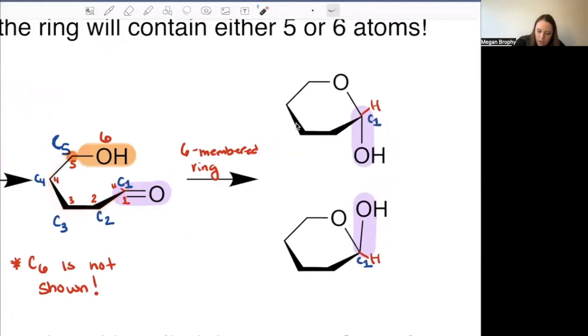So you have C1, C2, C3, C4. There we have a C5. And then we have the oxygen that was part of the hydroxyl group on C5.